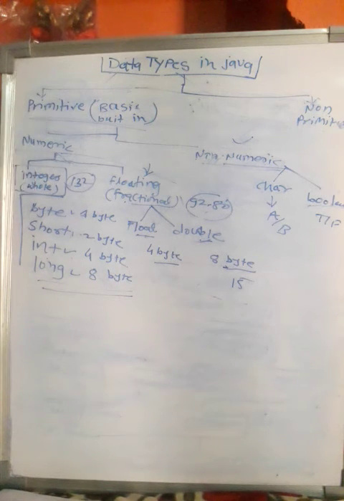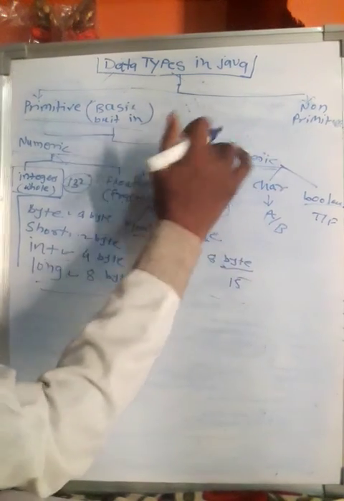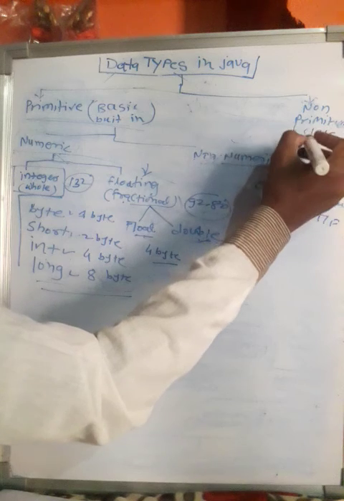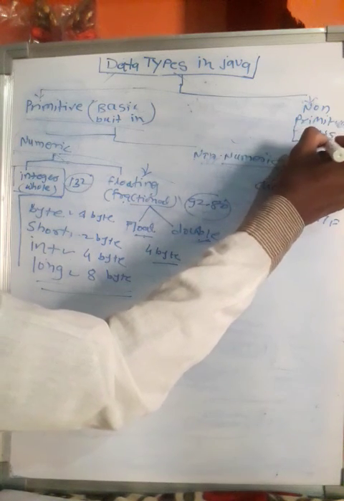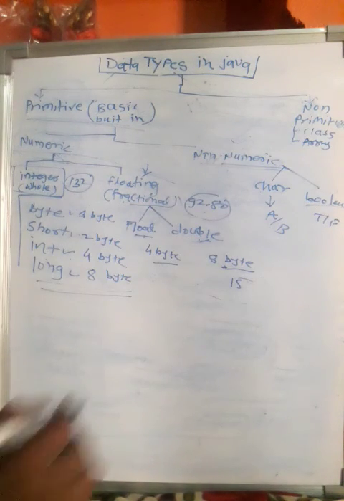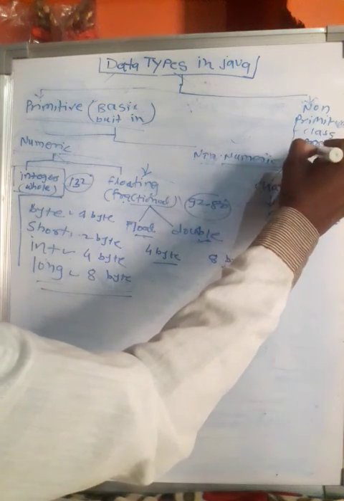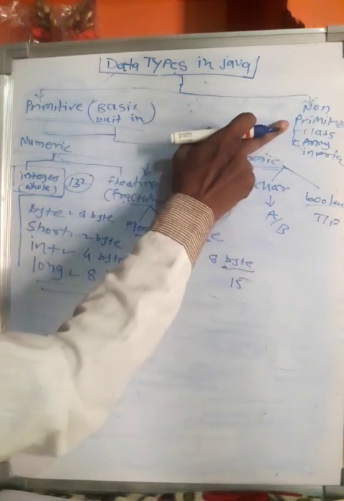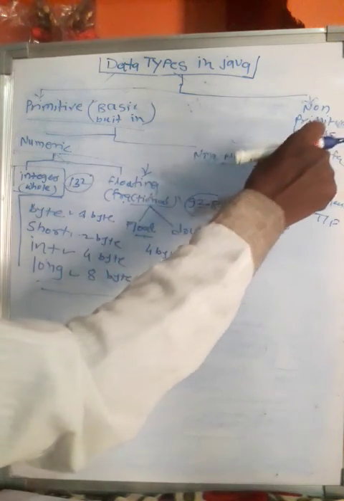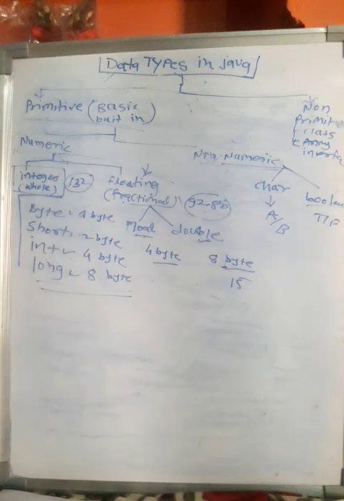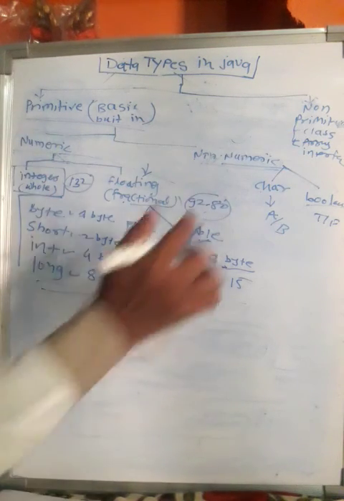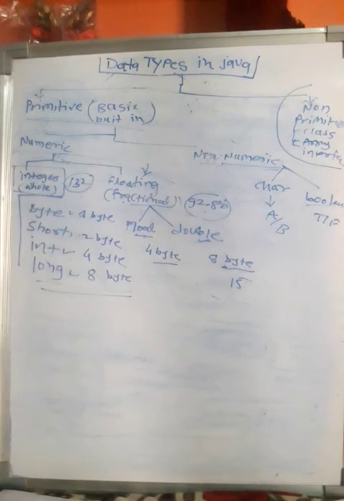The opposite to primitive is non-primitive: class, array and interface. These are advanced or user defined. Just remember class, array and interface. We will see later in this class chapter what is class, what is array and what is interface. But these are user defined data types, so they are called non-primitive.